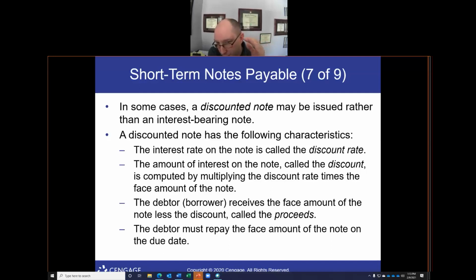If the loan is what we call a discounted note, instead of receiving the face value, you'll receive a lesser amount. The lesser amount is the original face value minus the interest.